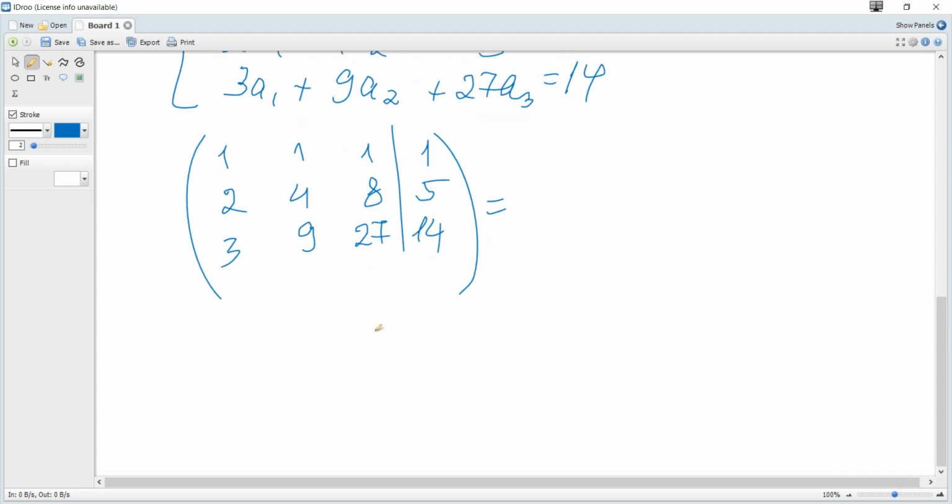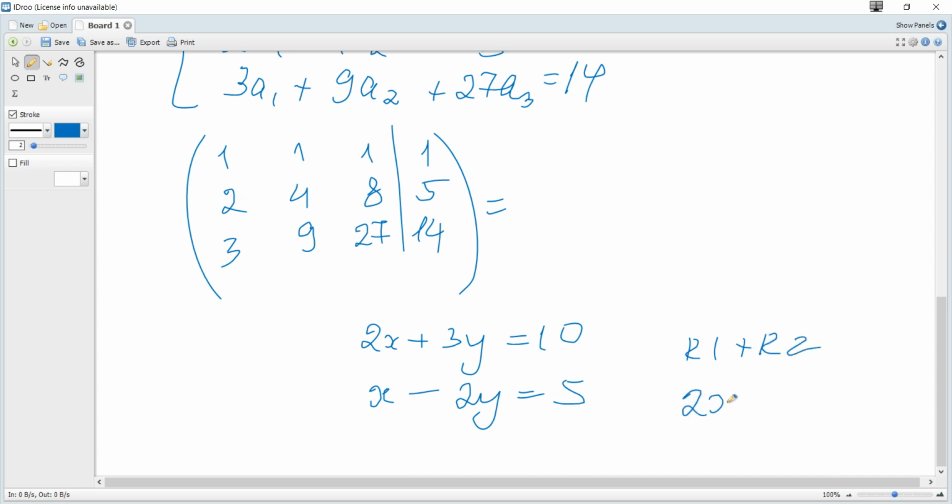What do I mean? For example, if it is given x plus 3y is 10 and x minus 2y is 5, and for example, if we consider row 1 plus row 2 and consider 2x plus 3y is 10 and 3x plus y is 15, it will be an equivalent system.